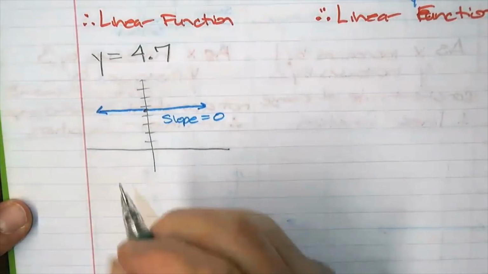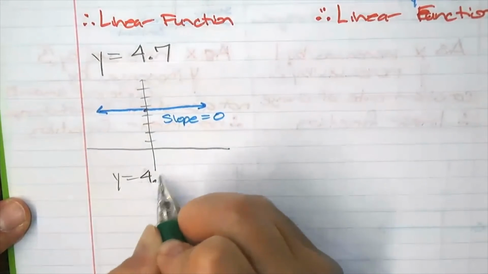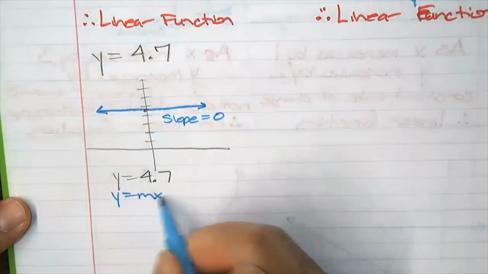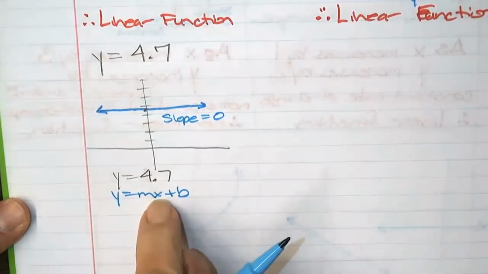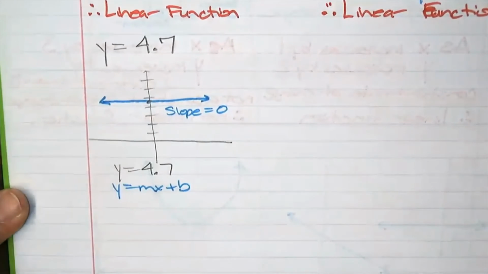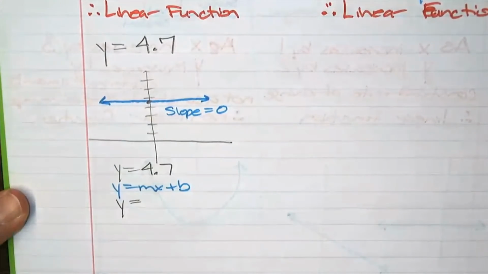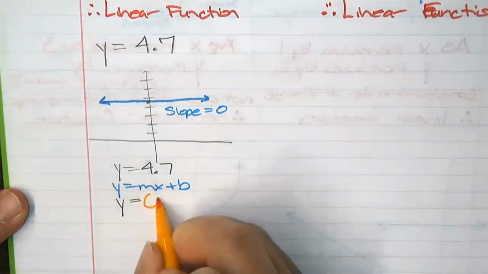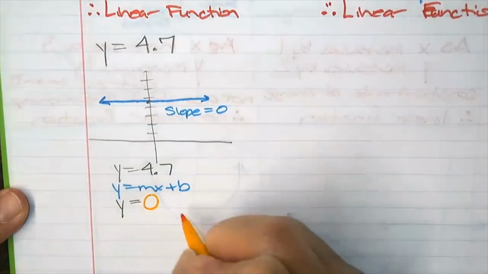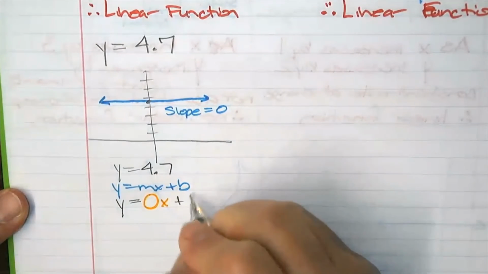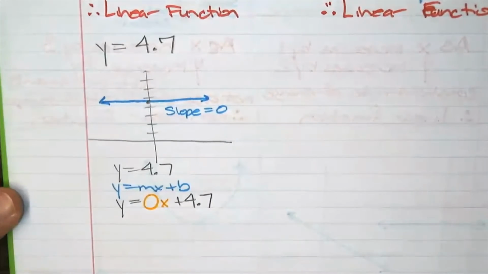So we want to know, is y equals 4.7 written in slope-intercept form, y equals mx plus b? Well, my slope is 0 times x, and my y-intercept is 4.7.